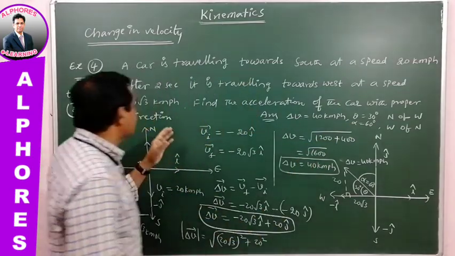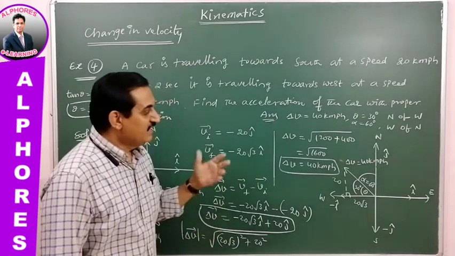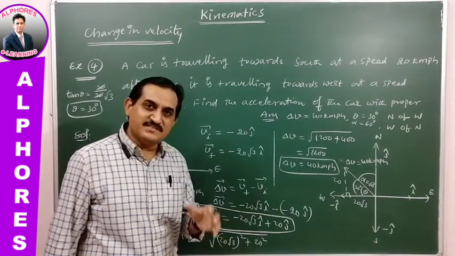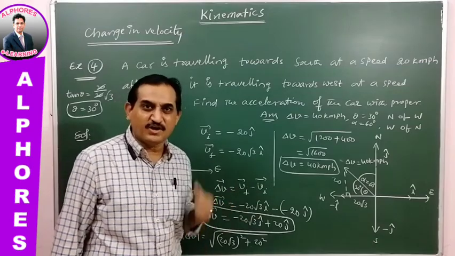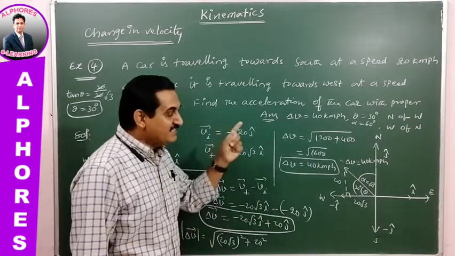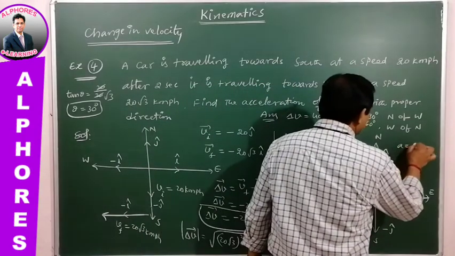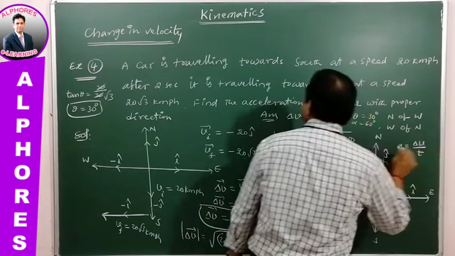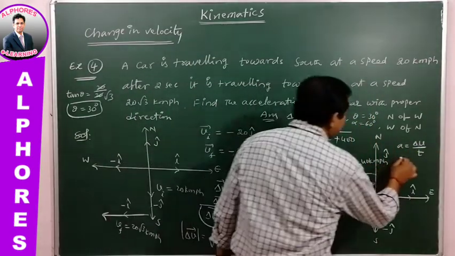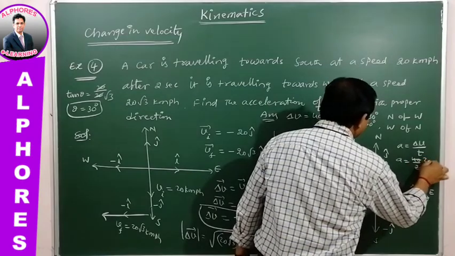But actually, the question asks to find the acceleration of the car with proper direction. Acceleration has the same direction as the change in velocity. There is no difference at all. Acceleration is obtained simply by taking acceleration equal to change in velocity by time. Time is mentioned over here as 2 seconds. Therefore, a is equal to 40 by 2, which gives 20.